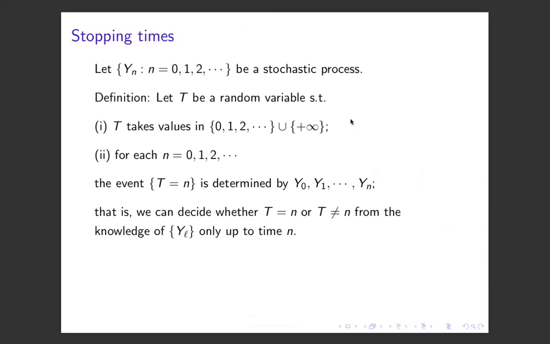And for each n, of course finite, the event T equal to n is determined by Y0, Y1, ..., Yn. In other words, if you know the values of Y0 to Yn at a particular omega, then from that you can tell whether T omega is equal to n or not, or rather, T omega is less than or equal to n or not, or greater than n or not, and so on.